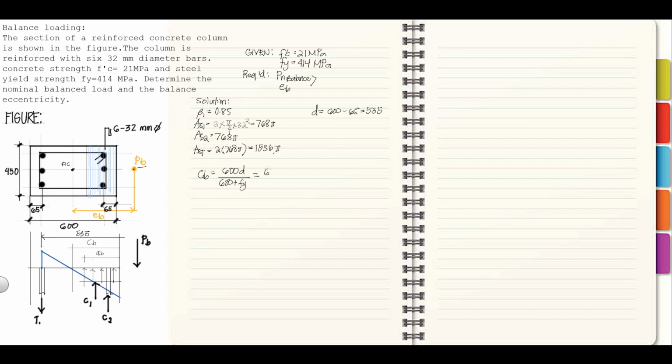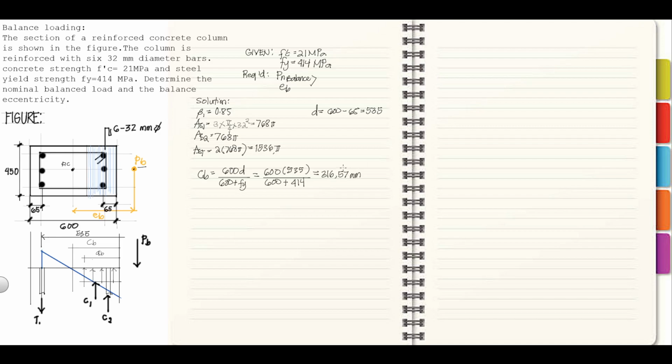So lagyan lang natin dito, 600, 535. Okay, all over 600. What is our Fy? 414. So we will have an answer of, okay, please compute with me. Okay, so that is 316.57 mm.